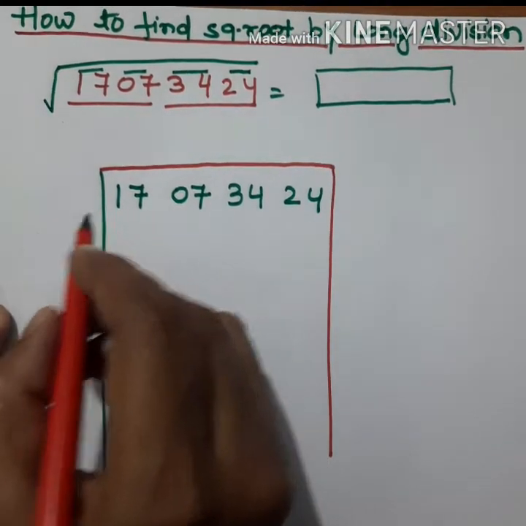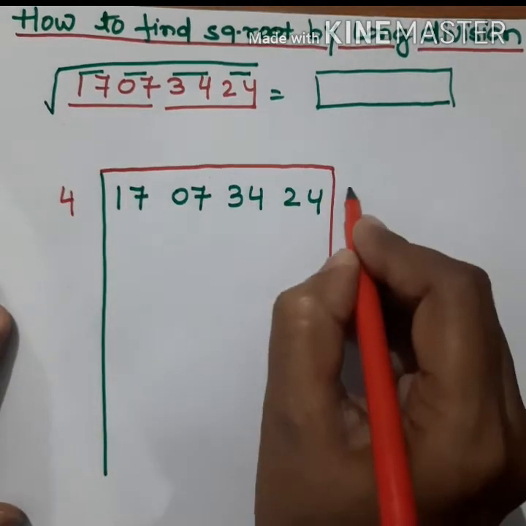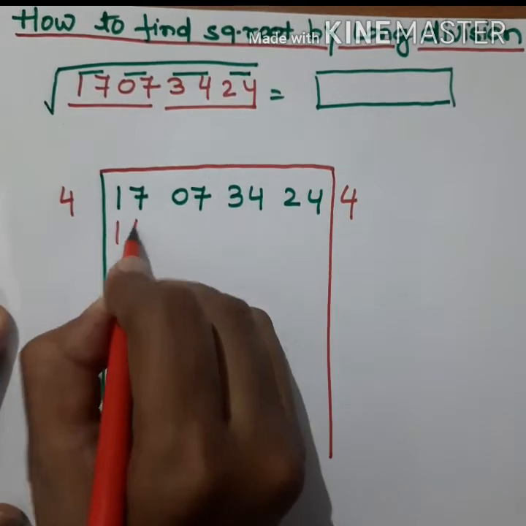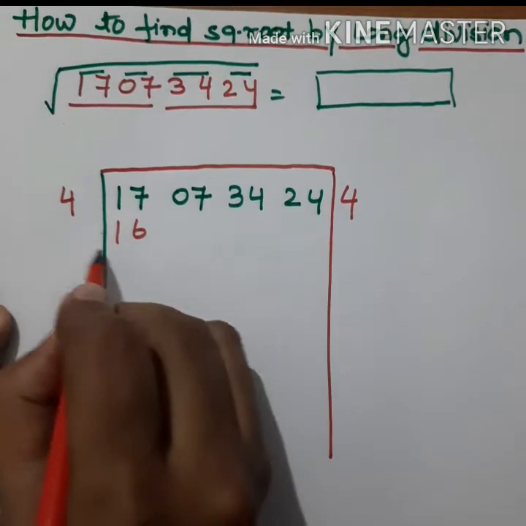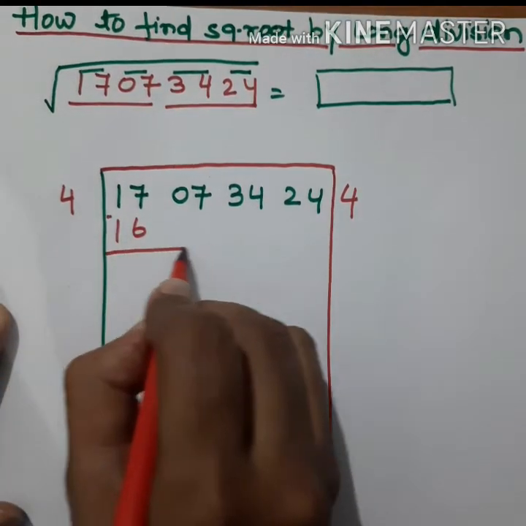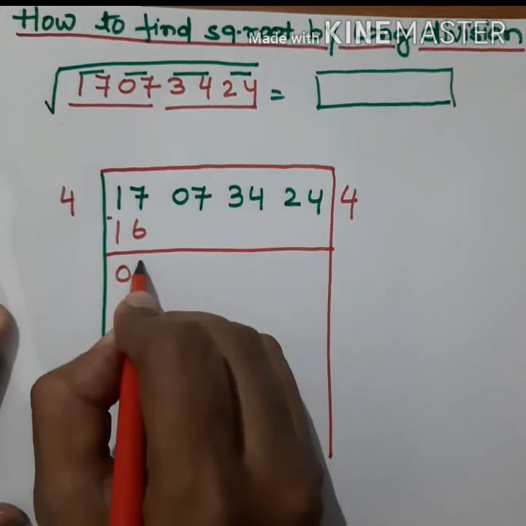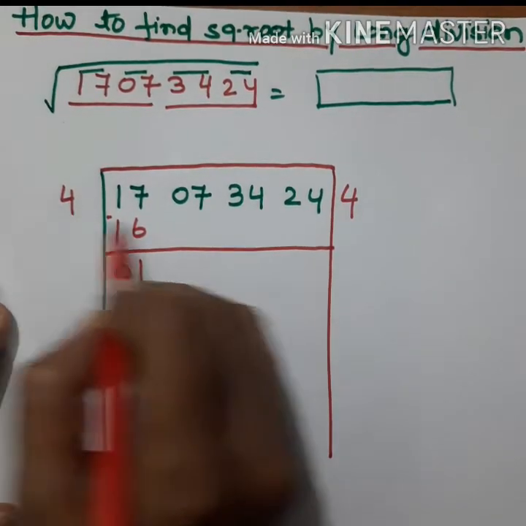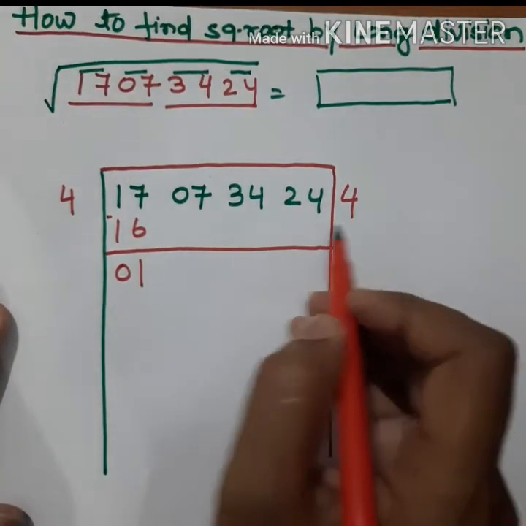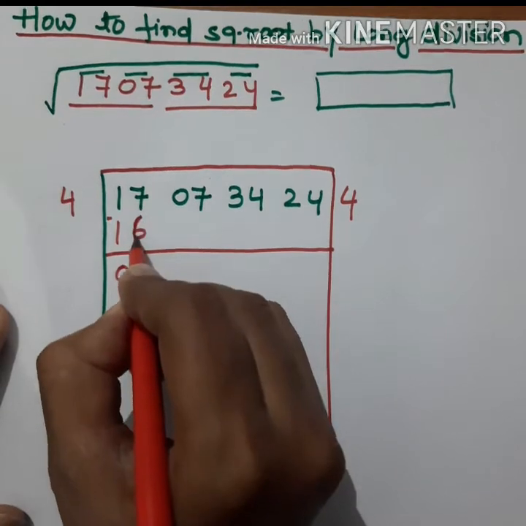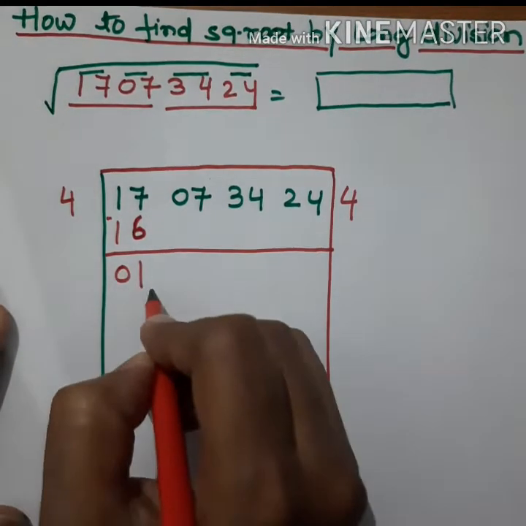The suitable number here is 4 4s are 16. So after subtracting 16 from 17, you will get 01. You will write 4 in the divisor's place, 4 in the quotient's place, and then 16 below 17. And after subtracting, you are getting 1.